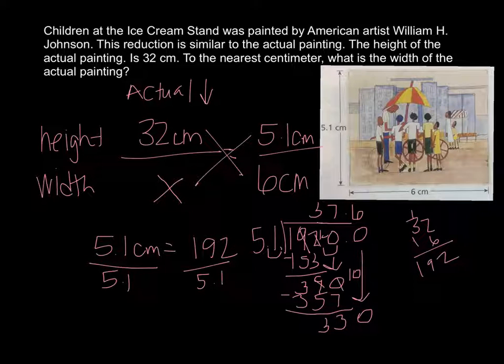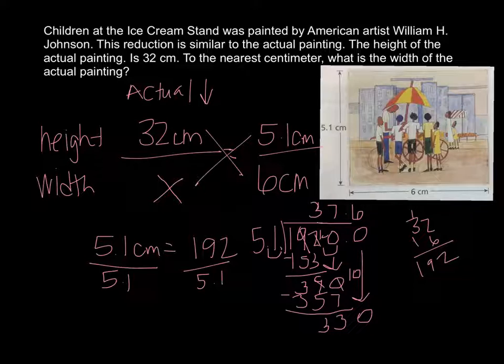And you know, I almost forgot to read the last part. To the nearest centimeter, that means to the nearest whole number, what is the width of the actual painting? Now, if I was dividing this out, I would have gotten 37 and 6/10. Now, our 6/10 would round our 37 up to a 38. So that's what I'm going to go with.